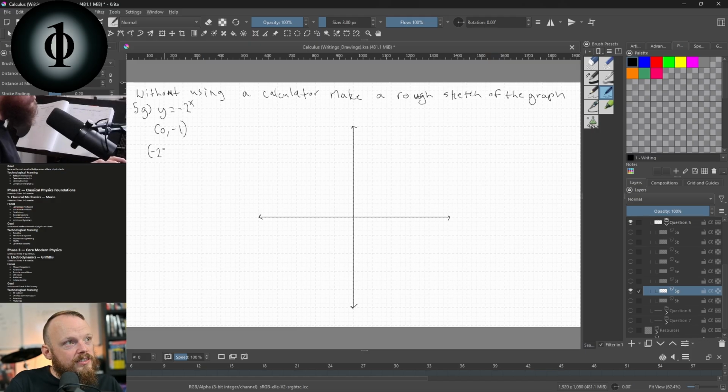What happens when x is negative 20? Y is going to be so fractionally small. There's no good way to show this. Let's just show it. Negative 20. So 2 raised to the 20th power, God almighty.